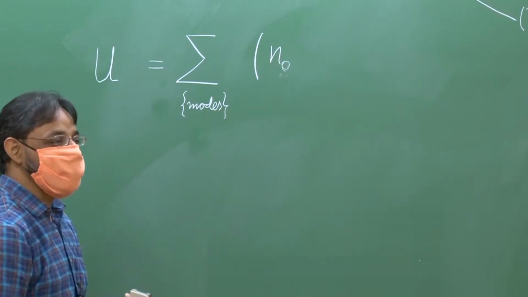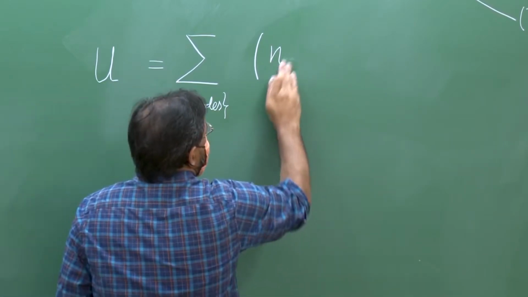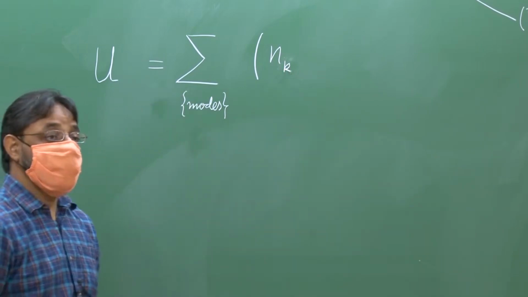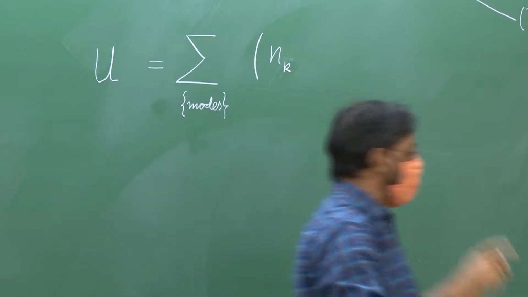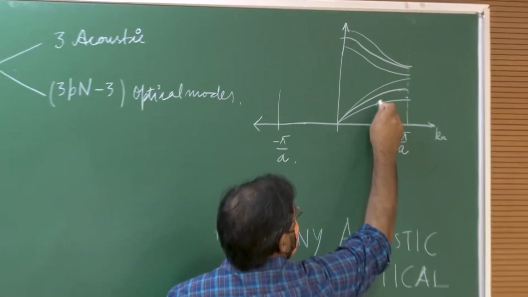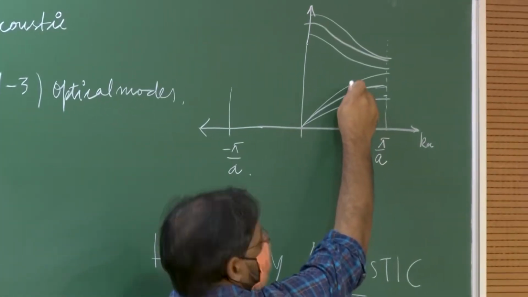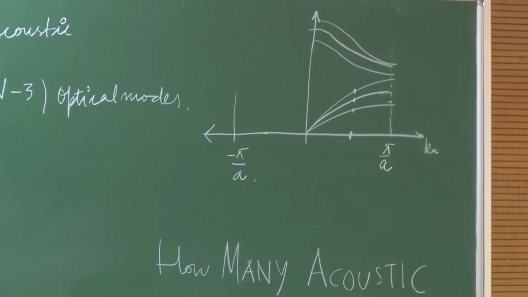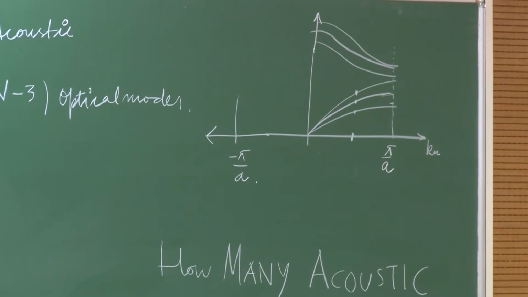And this can get very messy because now we have a k, and for that k, for any value of k, your mode could be this one, or this one, or this one, right? So we need more than one symbol, right?